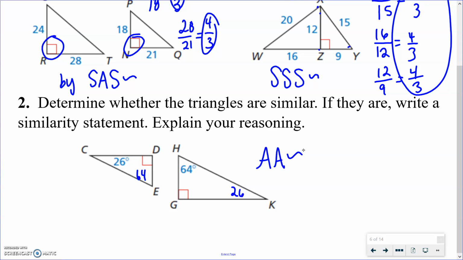So the similarity statement would be that triangle EDC is similar to triangle, and I want to start with the 64-degree angle because that's where E was, so H is that, and then G. That's my similarity statement, and I know that because of angle-angle similarity.